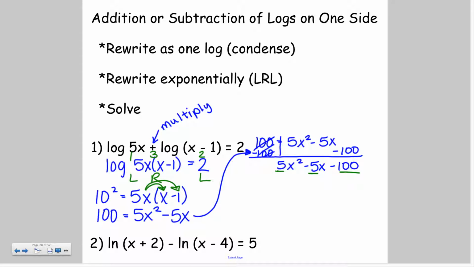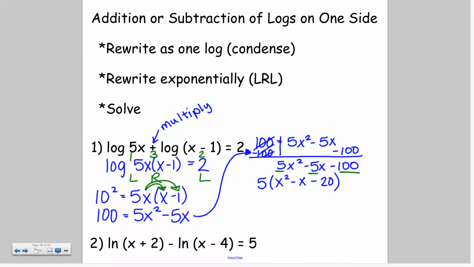We know that. So if I take a 5 out, to pretty much divide each of those by 5, 5 divided by 5 just leaves me with the x squared. Negative 5x divided by 5 leaves me with negative x. And then negative 100 divided by 5 leaves me with negative 20.